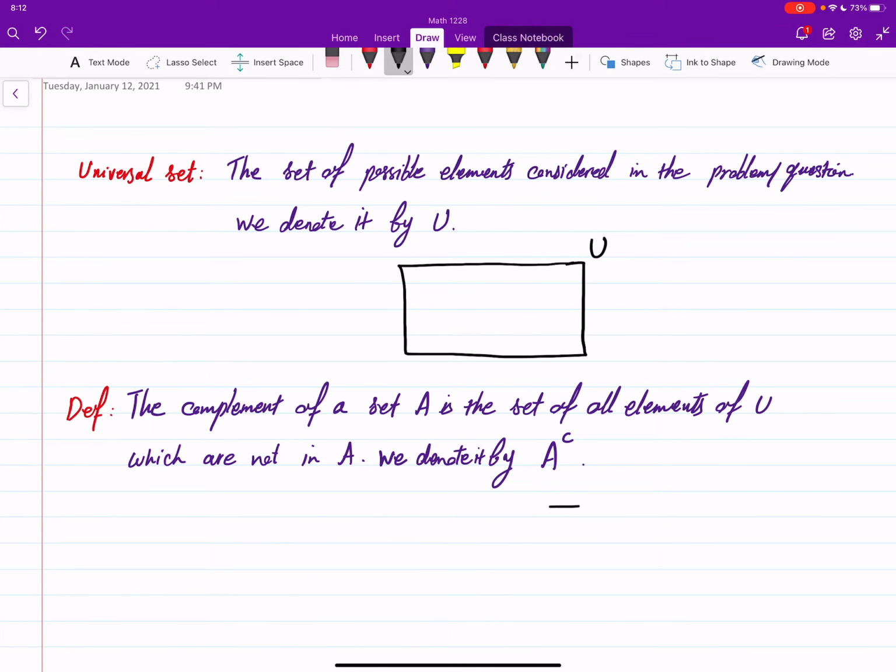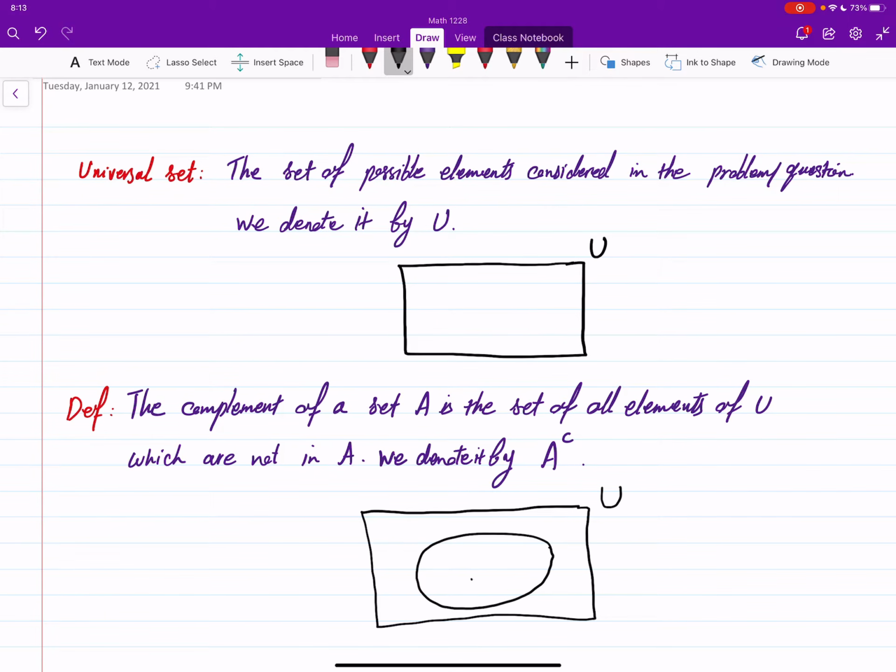And when it comes to the Venn diagrams, if this is my universal set and this is, say, my set A, then anything outside of A is called A complement. So here in this case, the region shaded by red is A complement.